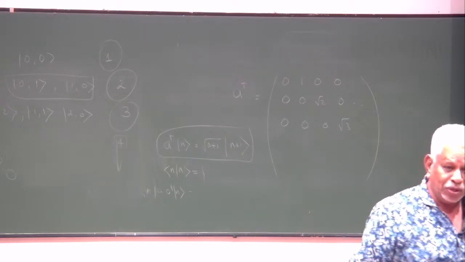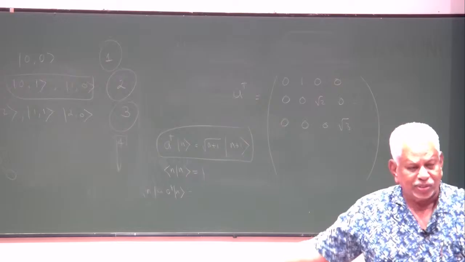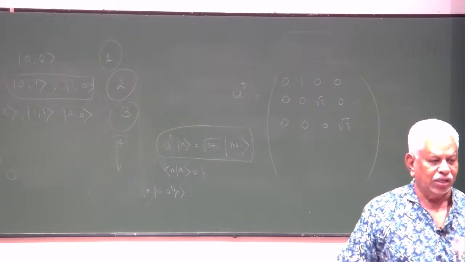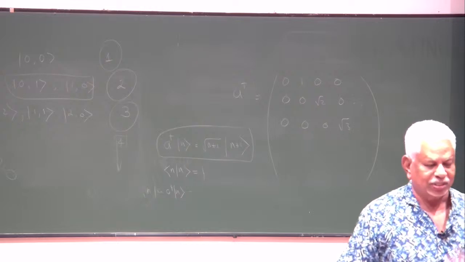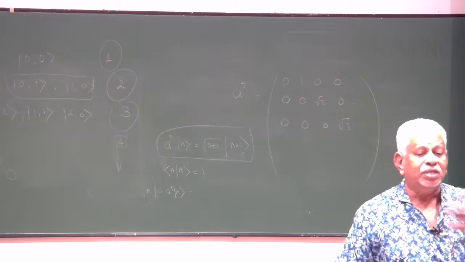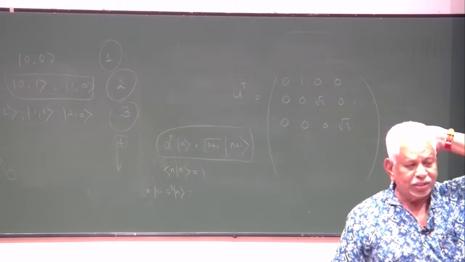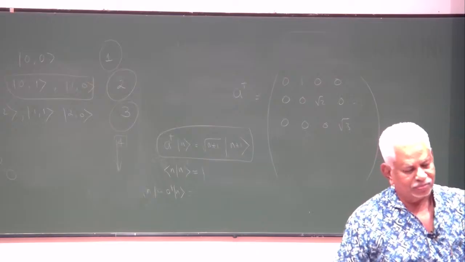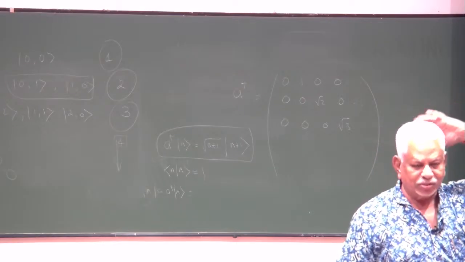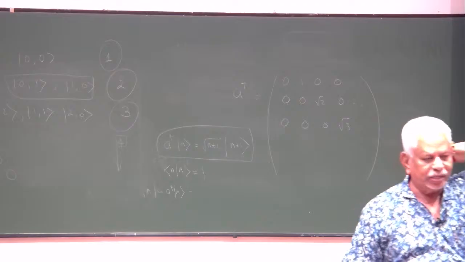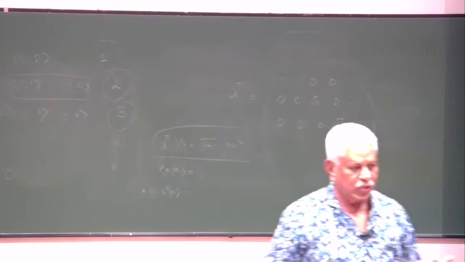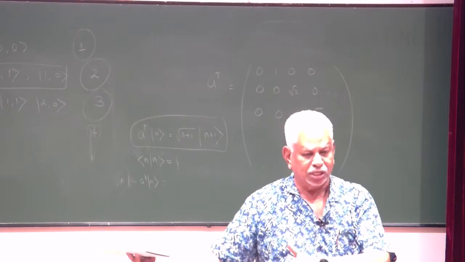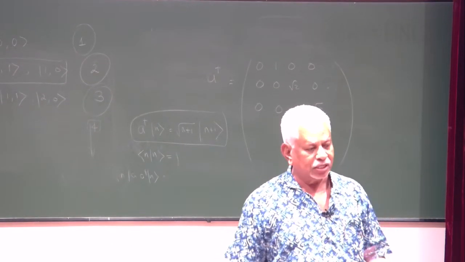Unlike the previous case where you have infinite dimensional matrices, here you have only a finite 3 by 3 matrix, 2 by 2 matrix, 5 by 5 matrix, etc. That makes quantum mechanics even easier because you don't have to deal with infinite matrices. It is enough if you deal with a finite number of them. But that finite number can be very large because L can be a million. Then 2 into million plus 1 states will be there. That is the idea.